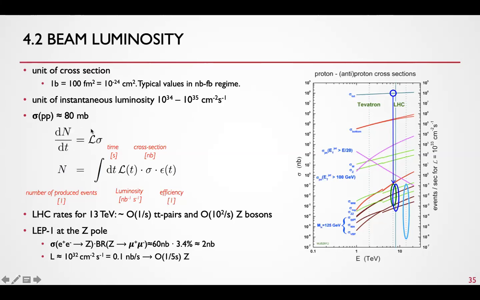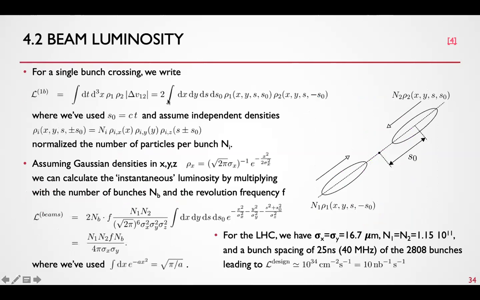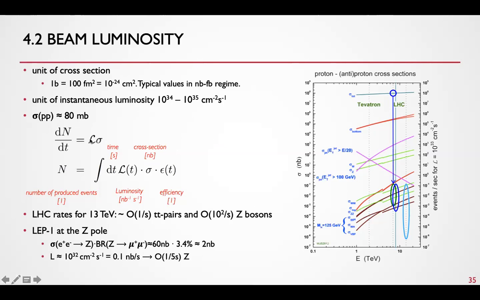So if you multiply this 80 millibarn proton-proton cross-section with the LHC design luminosity of 10 to the 34, you find enormous rates. Here is a list of cross sections for LHC processes.